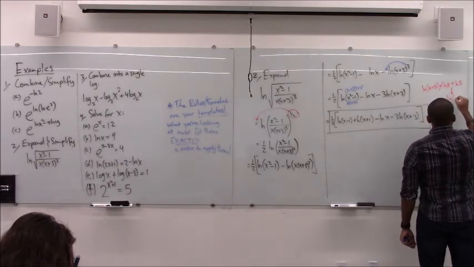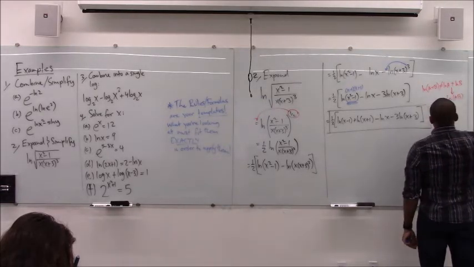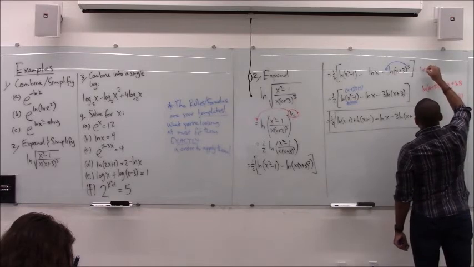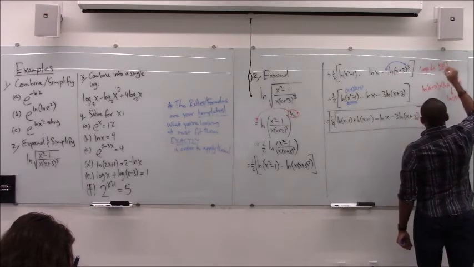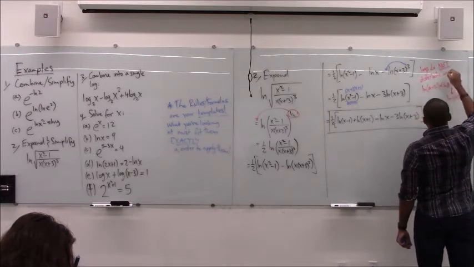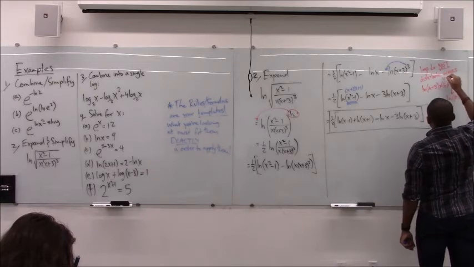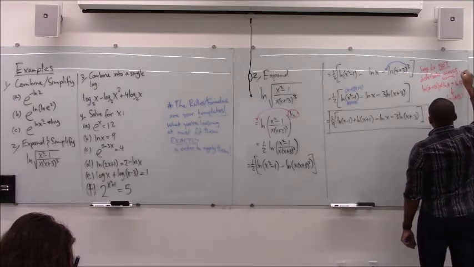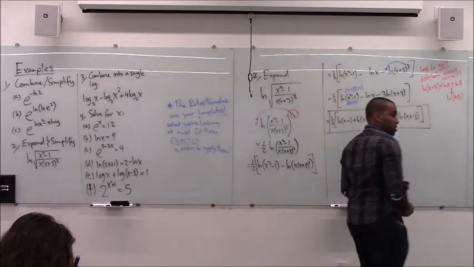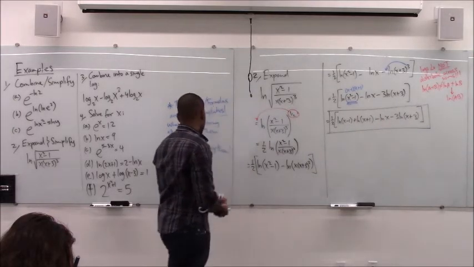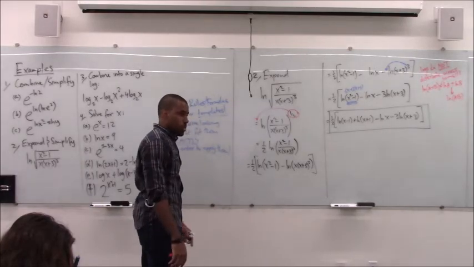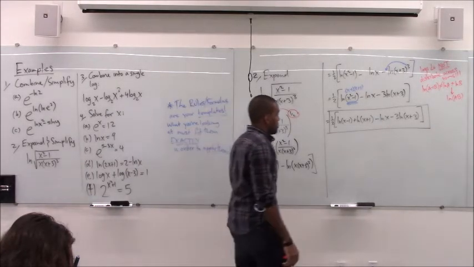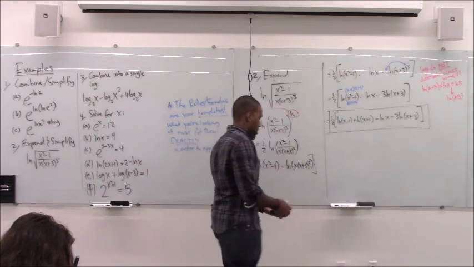This is equal to a multiplication. It's not equal to that. So logs do not distribute. So if any of you were thinking that for a second, no, squash that thought. Doesn't work with logs. So that's as simple as you can get it.